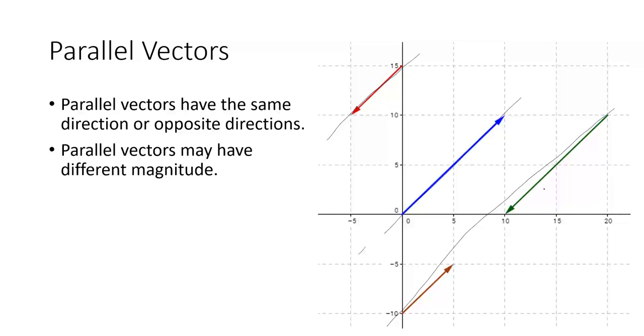Like this blue one and the green one, and they may have the same direction, like the red, these two red ones. Actually, the green one and the red one, they have the same direction, but they could have opposite directions as well, right? So parallel vectors, they could look like this, opposite direction, or they could look like this, the same direction, and the magnitude could be different or the same.